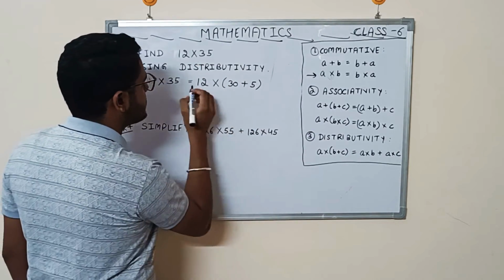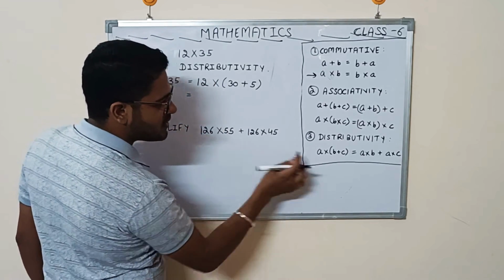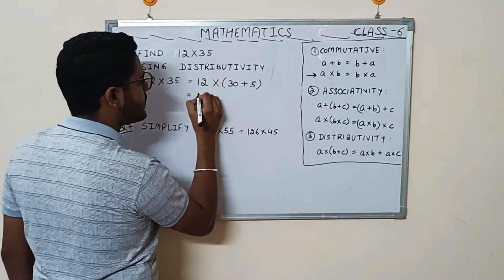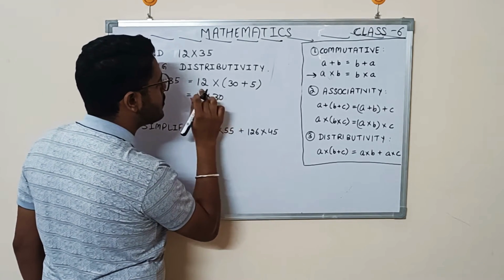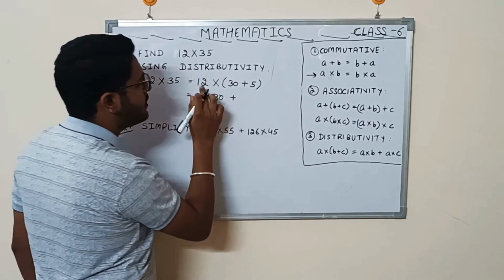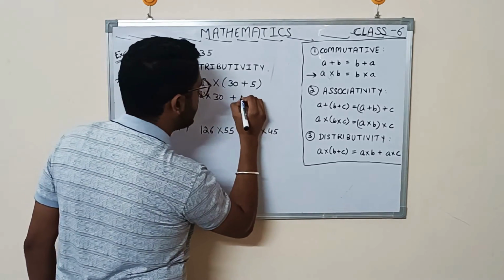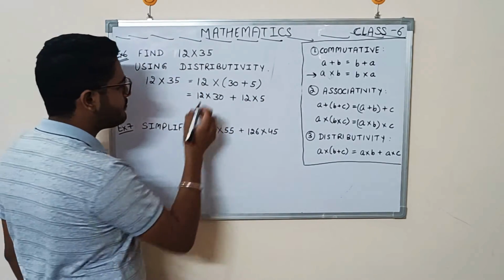So let's apply this. According to this property, what we will do is A into B, which means 12 into 30, okay, plus 12 into 5, right?